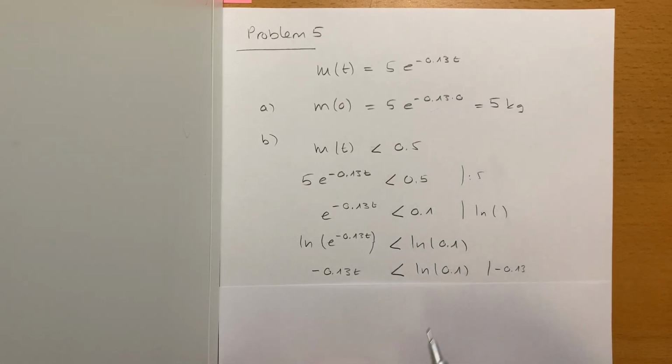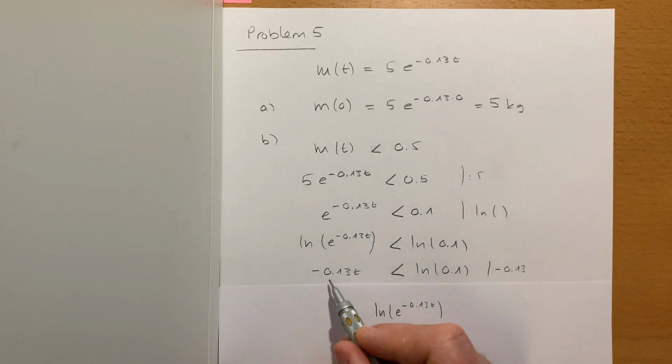Why is that again? Because look, ln of e to the minus 0.13 t. The question here is, e to the what is e to the minus 0.13 t? Well, that's obviously minus 0.13 t.